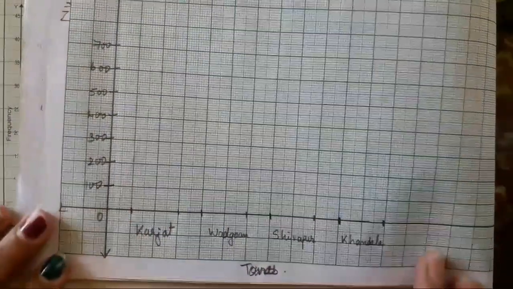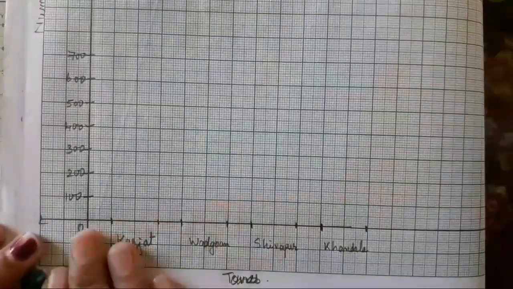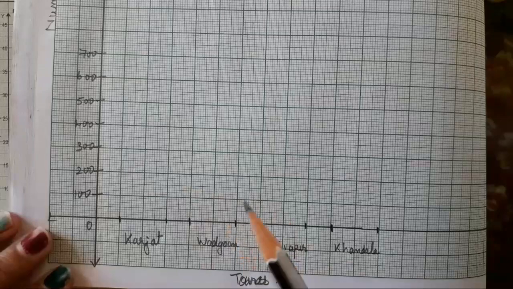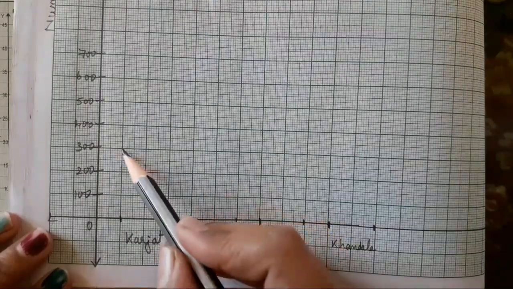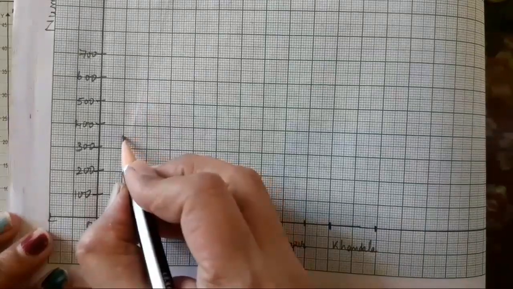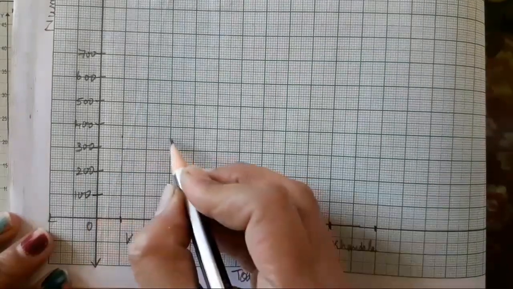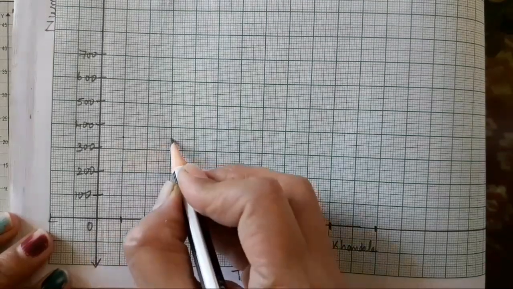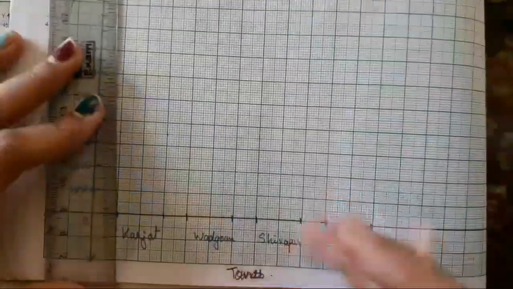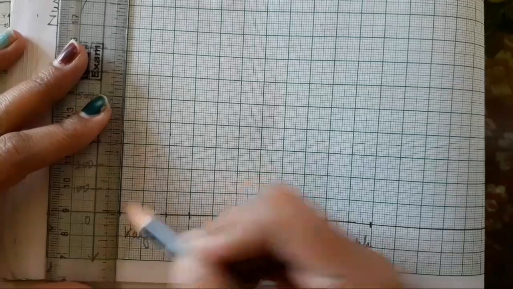Now I have to just draw it. Is it clear to everyone till here? Now the total of Karjat was 350. So 300 is over here, 350 is over here. First we will do the total of both the years and then draw a bar.